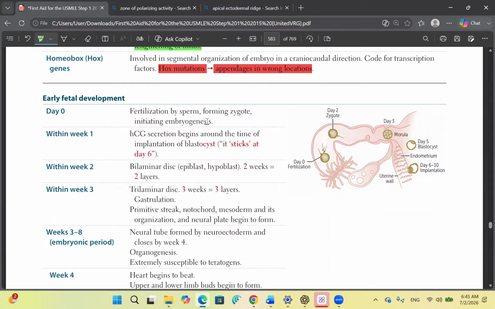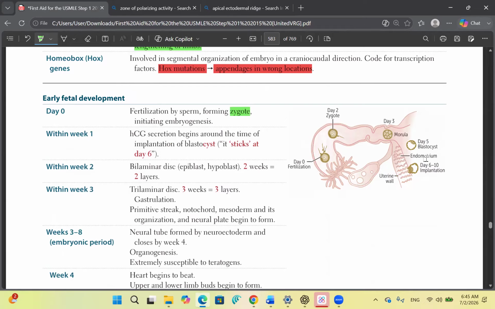Day 0 is fertilization by sperm forming the zygote and initiation of embryogenesis. Within week 1, HCG secretion begins around the time of implantation of the blastocyst, at day 6.